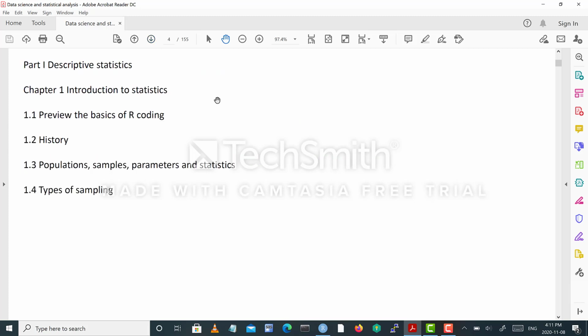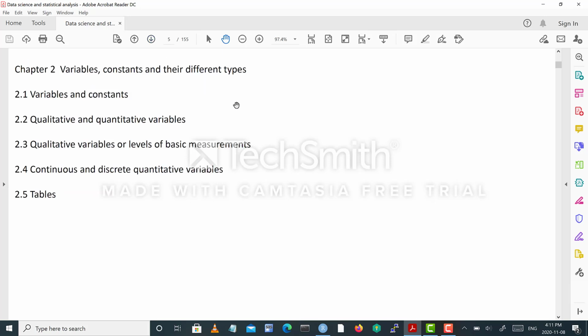As we know, statistics consists of two parts. Part one, descriptive statistics, which starts with an introduction to statistics, a preview of the basics of R coding, some history, definitions of populations, samples, parameters, and statistics, and different types of sampling.